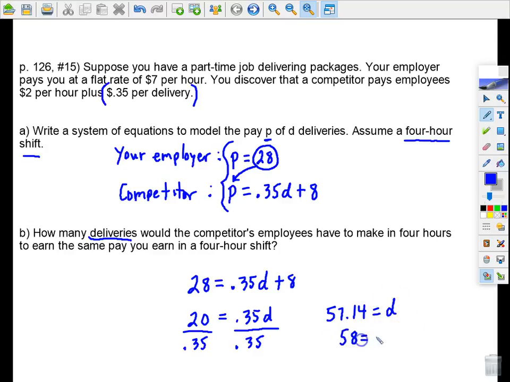Either way, I wouldn't be very particular. I'm more interested in you coming up with the system and then understanding how we solve this for D, which stands for deliveries. All right, so that's your complete answer for this problem number 15.